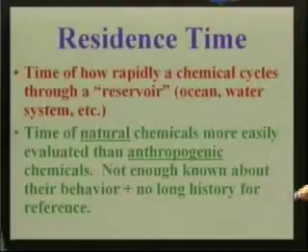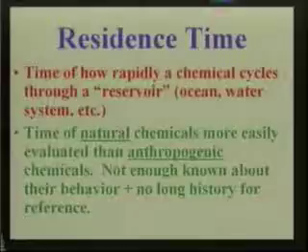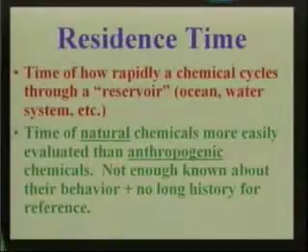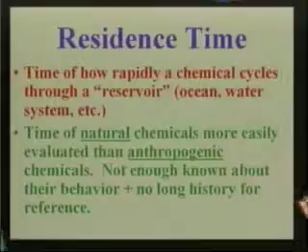Now the reservoir, again, if it's surface water, can be the ocean, a lake, a river or pond, or it could be in the subsurface as well. Could be part of the groundwater system, an aquifer in particular. So it's how rapidly these different chemicals pass through or cycle through these reservoirs that we want to define.